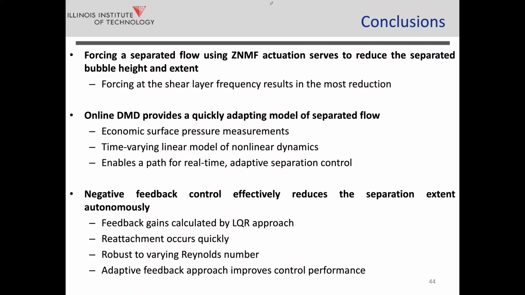Okay, so I don't see any question in the chat. I can start then with one question myself. That's related to what you explained at the end, when you compared how the control is changing after having suppressed initially the separation bubble, right?